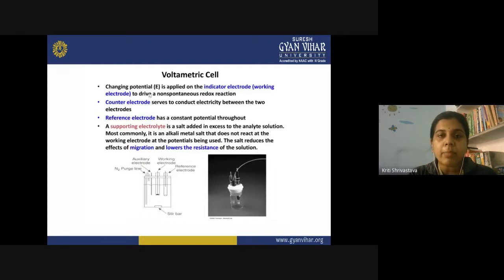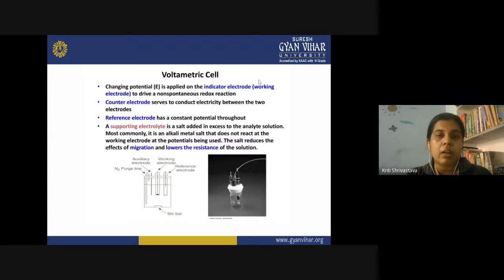When you apply potential on the working electrode, this working electrode is dipped inside the sample solution, the electrolyte containing the electroactive analyte. This potential drives a non-spontaneous redox reaction, which was otherwise not possible.